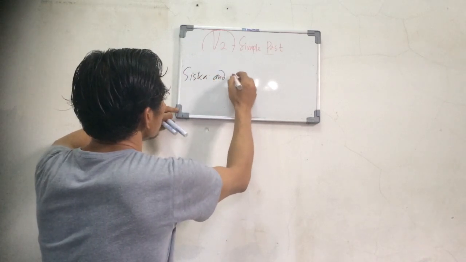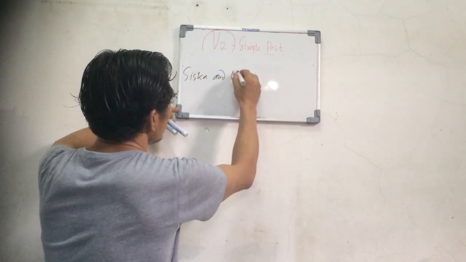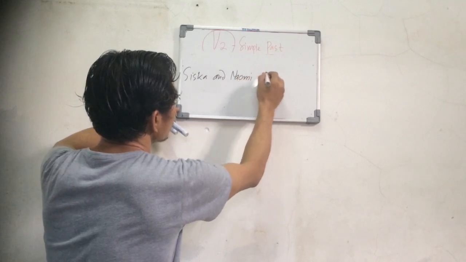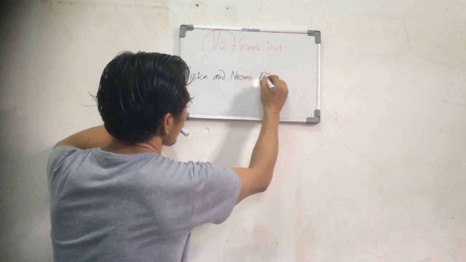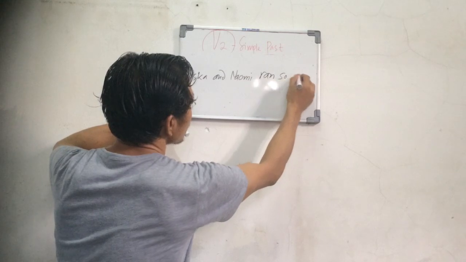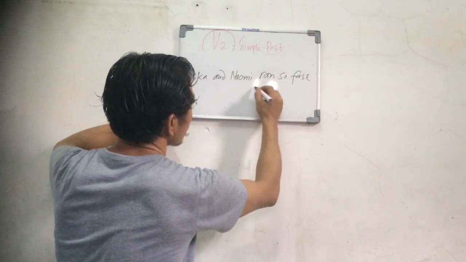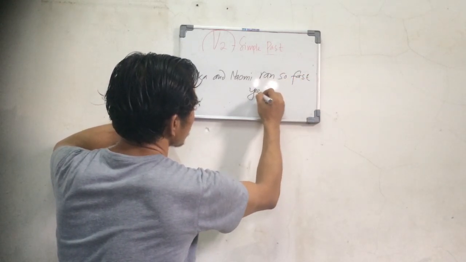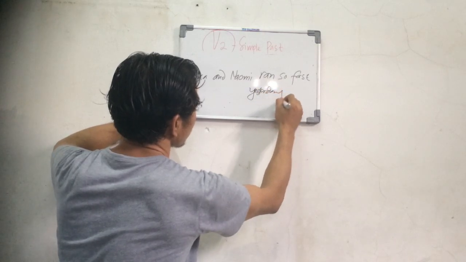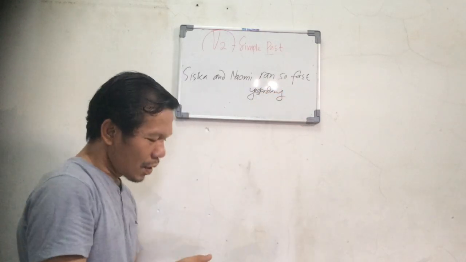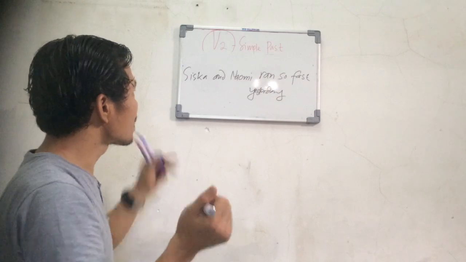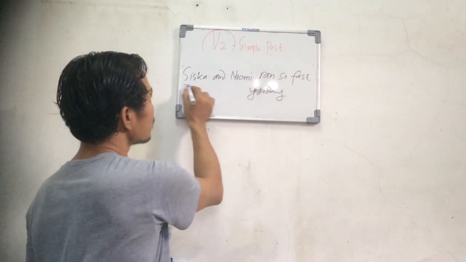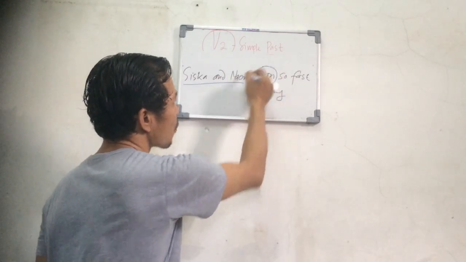Siska and Naomi ran so fast yesterday. So the subject is Siska and Naomi, and the verb is ran.